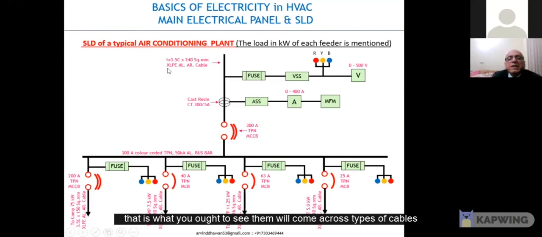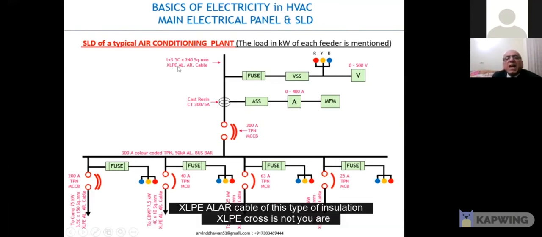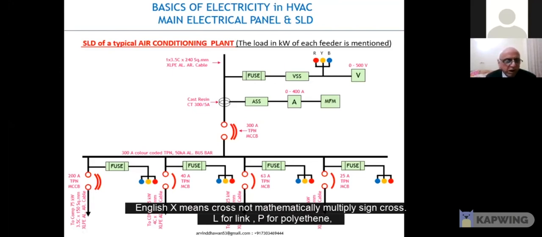Then you'll come across types of cables. XLPE, AL, AR cable. Now, this is the type of insulation, XLPE. X means cross, not your English X, and not the mathematical multiply sign, cross.